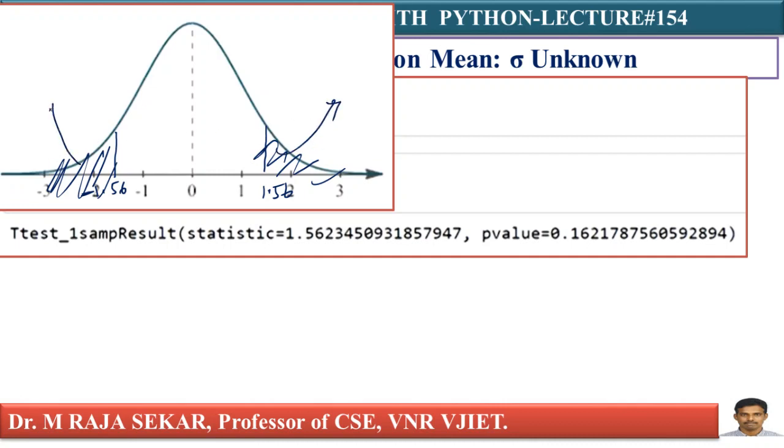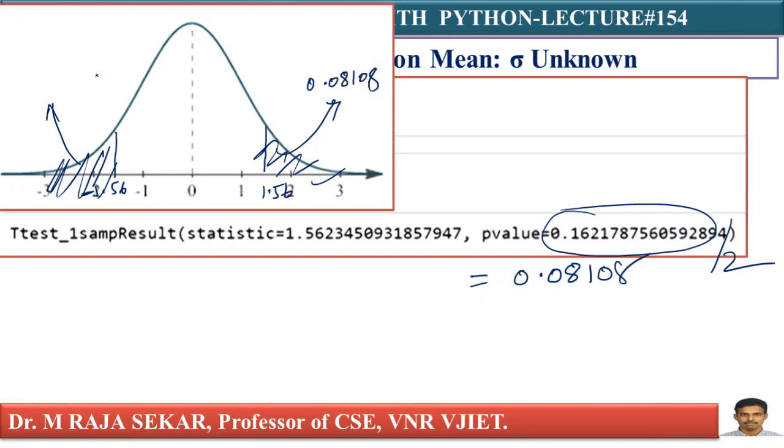This area is 0.1621, which is for two tails. To get the area under the left tail and under the right tail, I must divide this by 2. So I will get approximately 0.08108. This is a symmetrical curve, isn't it? 0.08108 is my one-tail p value.